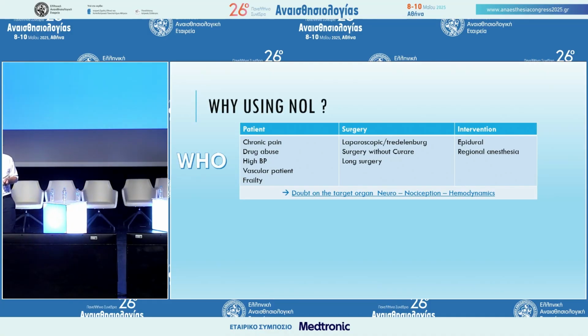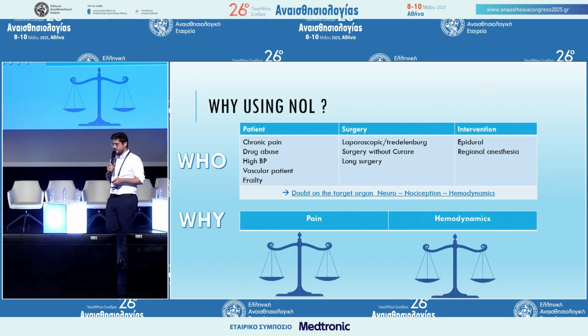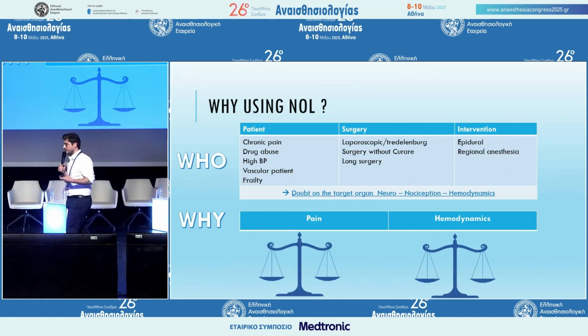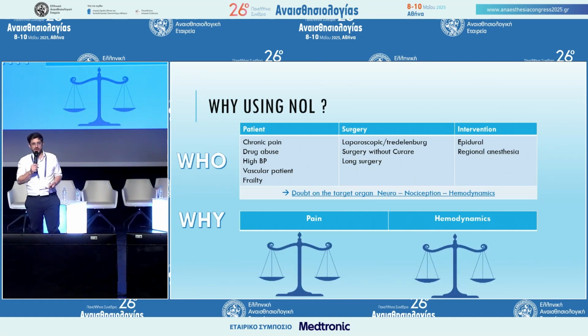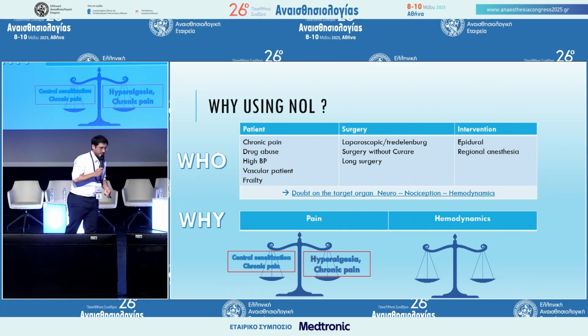Second, why? Why am I doing this? It has two answers. First, pain. If I want to keep my homeostasis, my equilibrium, and I'm giving more opioid than necessary, I will get hyperalgesia and chronic pain.